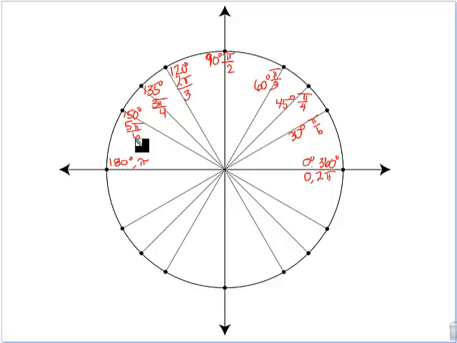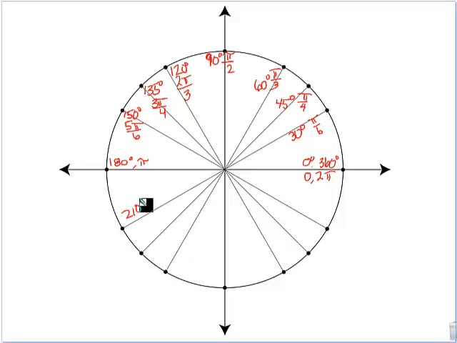Okay, so let's try to figure out the bottom half of this. So we have this pattern. We go up 30 degrees, and then it's an increase of 15, an increase of 15, and 30 again. 30 degrees, increase of 15, increase of 15, 30. So this next angle has to be, in degrees, 210, yep.